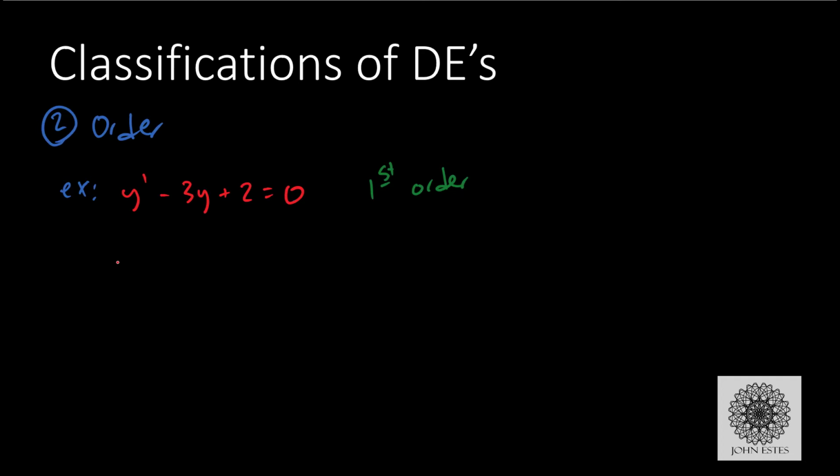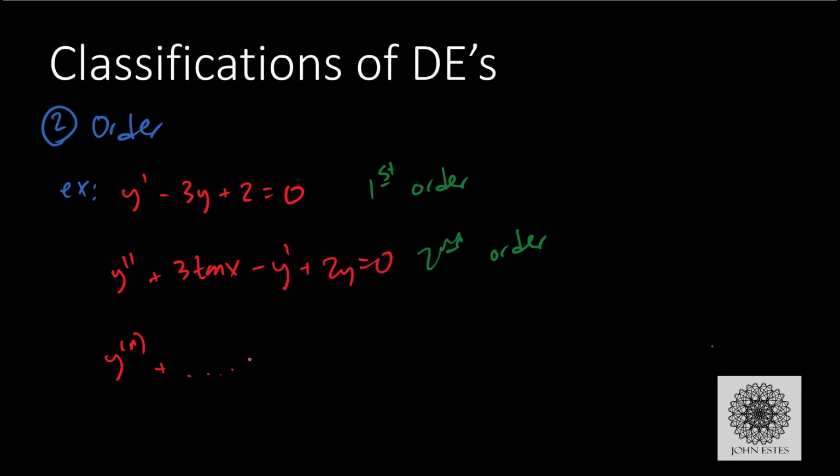Here's an example of a second order. And hopefully by now the pattern is obvious. If we have an nth derivative plus some things equal to 0 or some constant, then you have an nth order differential equation.